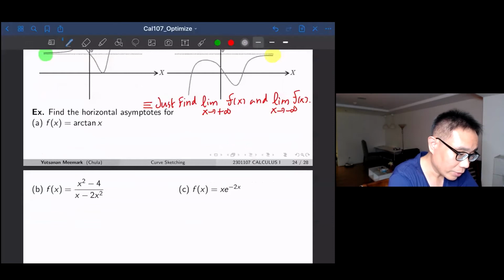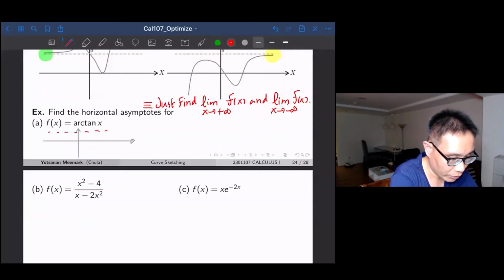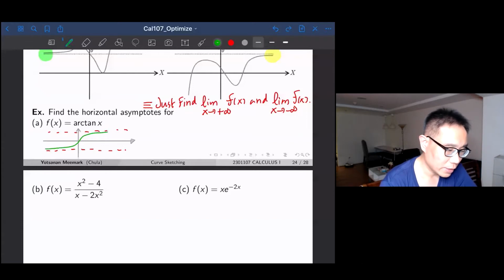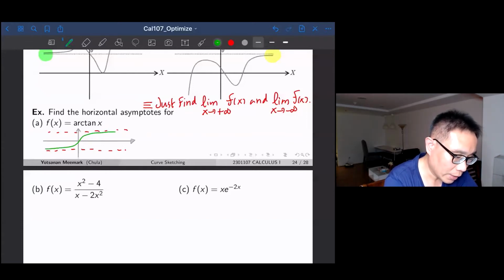So in this case, if I graph y equal to arctan x, I have done this one many times, you're going to see that it's an S-shaped curve, and you get this one and this one, so it looks like an S like this. You see that these two lines are y equal to pi over 2 and y equal to negative pi over 2.